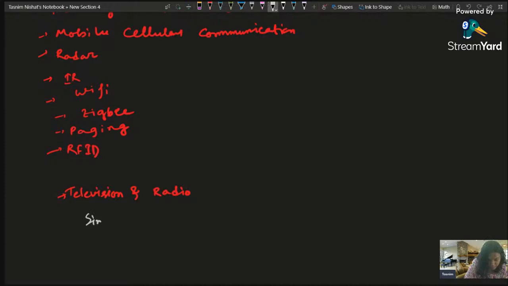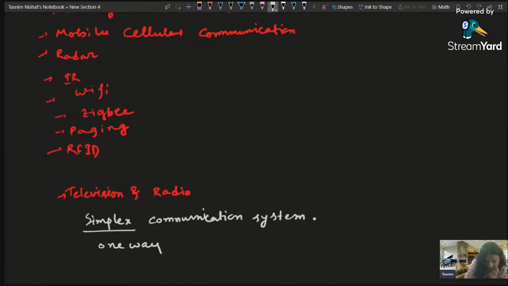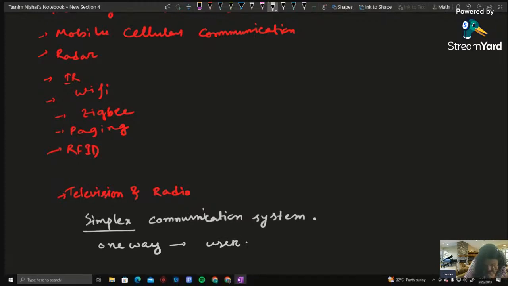It's a simplex communication system, that means it's one way, and information is transmitted only to the user.